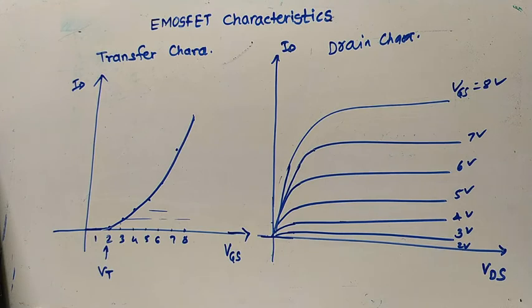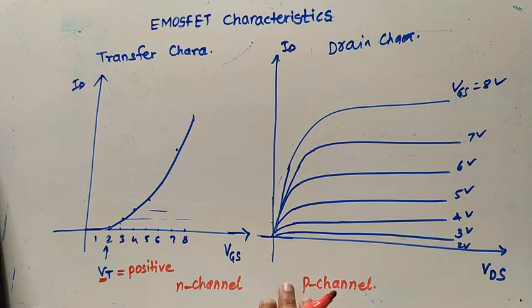So these are the characteristics for N-channel E-MOSFET, and you can observe that for N-channel E-MOSFET VT is positive. For P-channel E-MOSFET, the drain characteristics will remain similar, only the value of VGS will be negative.